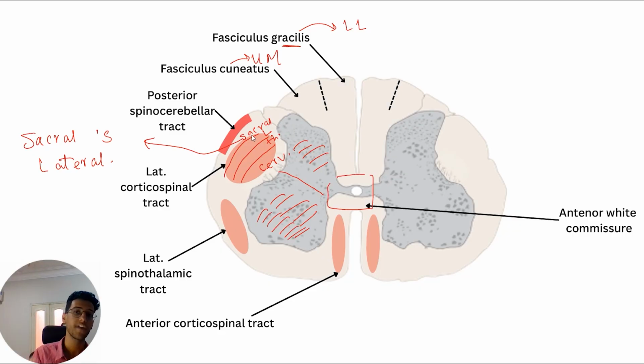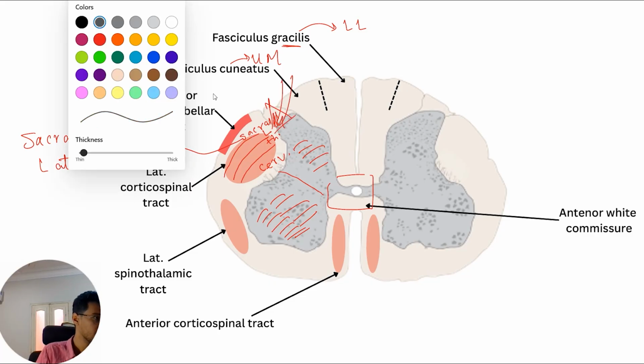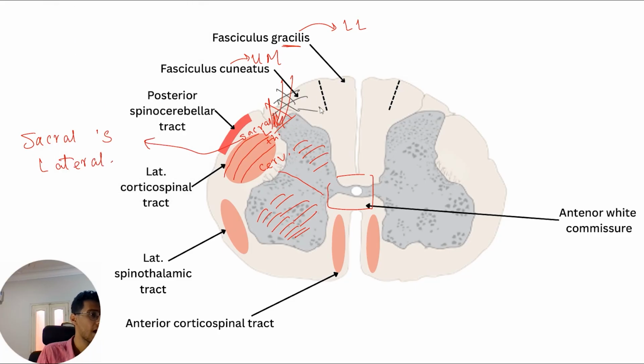The point is, if the lesion is above, where the tracts are descending right here, like at this level, it will cause an upper motor neuron lesion. But if the lesion is below it, like at the anterior horn cell, or specifically in the peripheral nerves, it will cause a lower motor neuron lesion, okay?